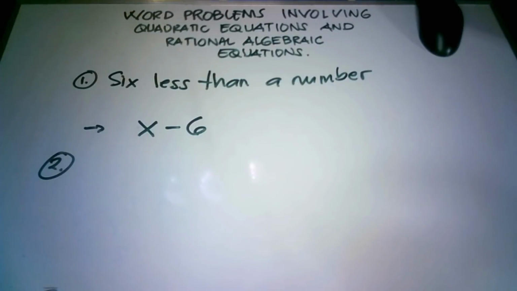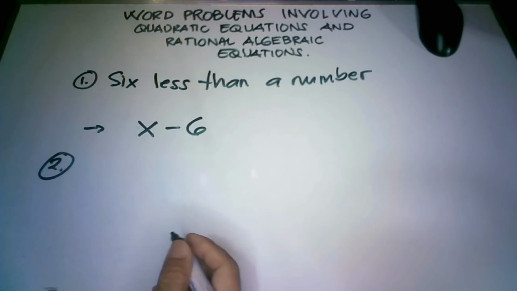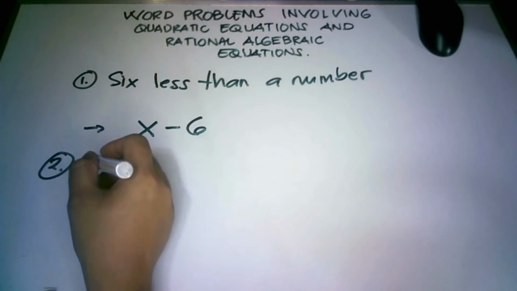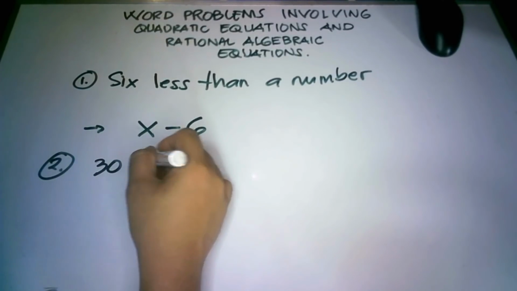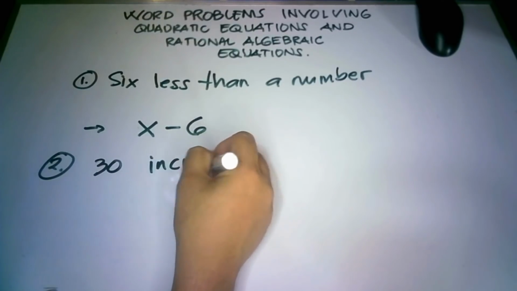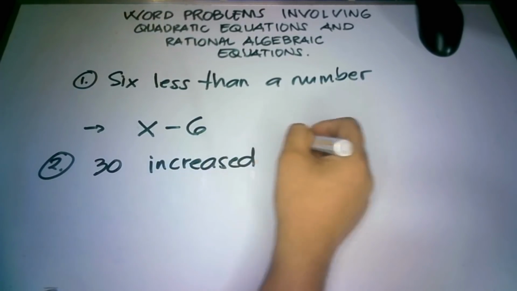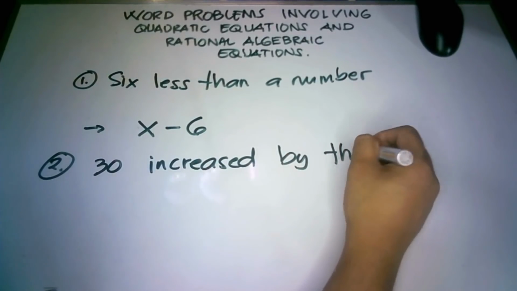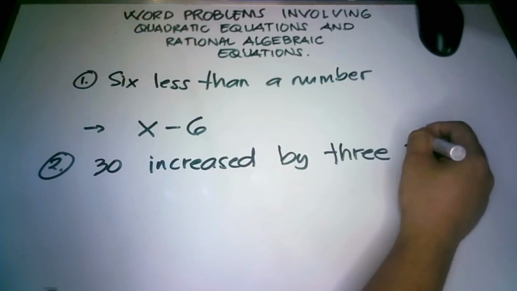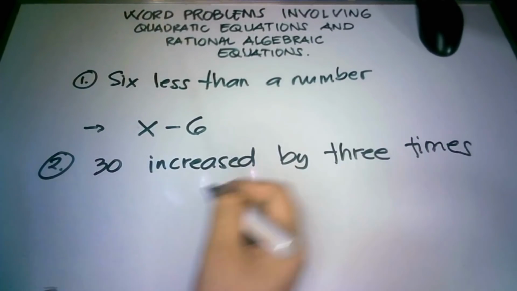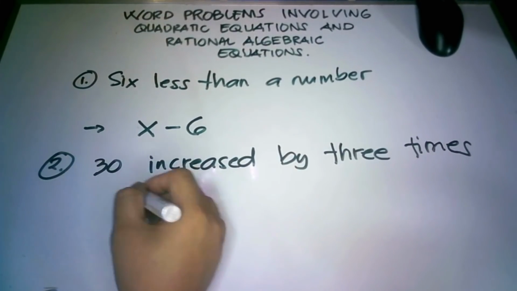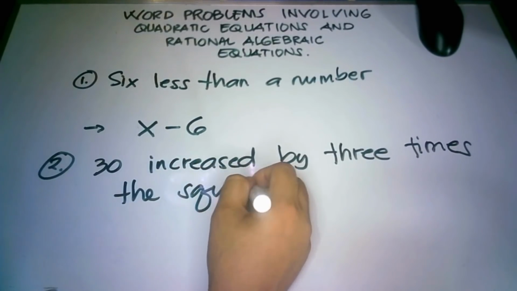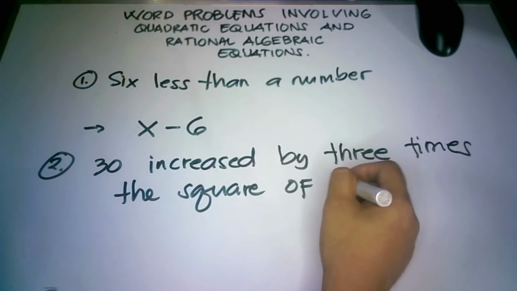So, we have here 30 increased by 3 times the square of a number. So, nigawas na po ang word nga a number. 30 increased by 3 times the square of a number.